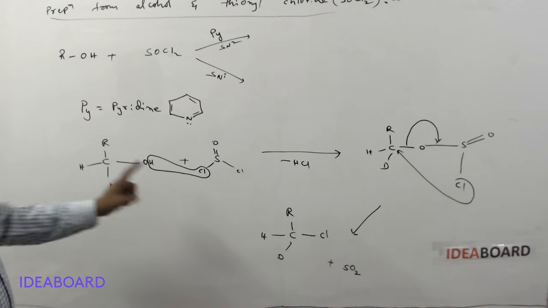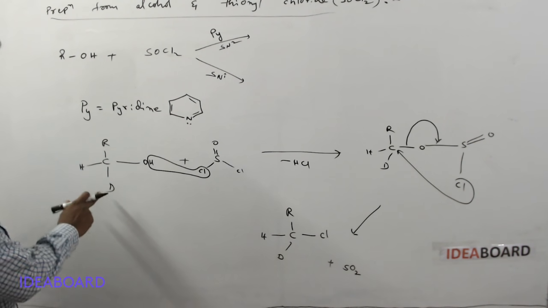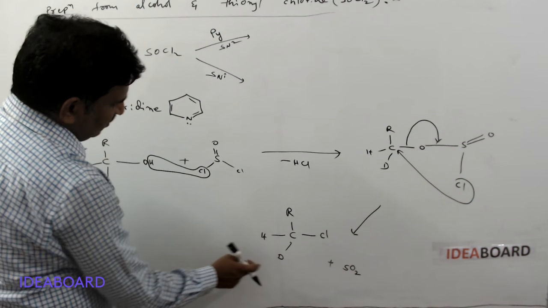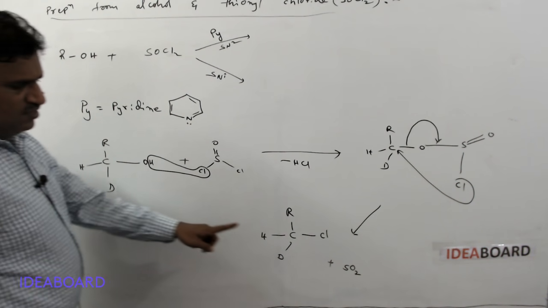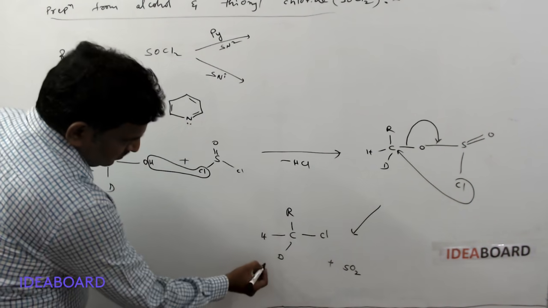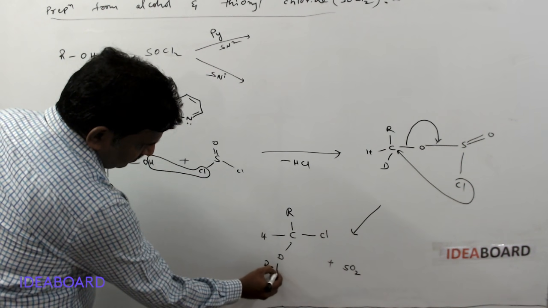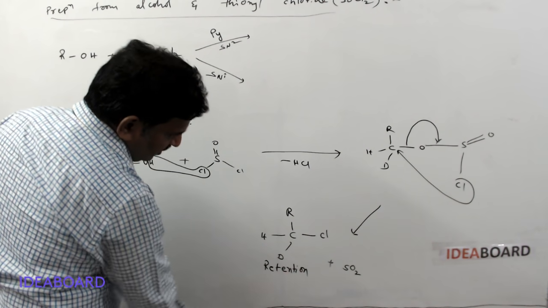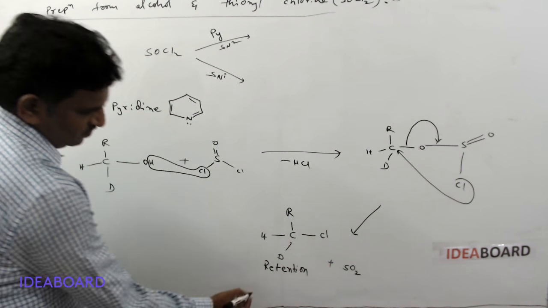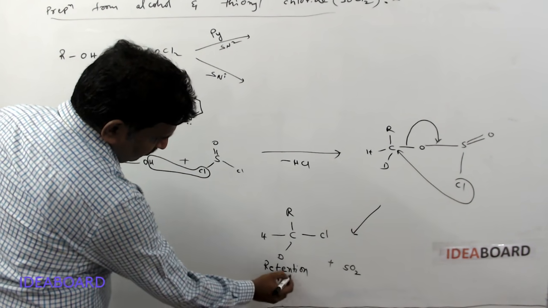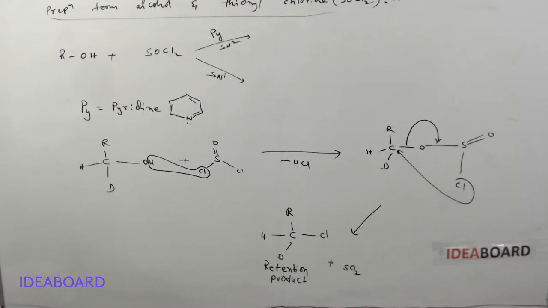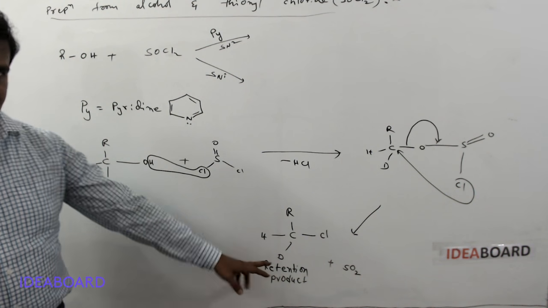So what is the final product? Here is the same configuration containing R, H, D. The OH was on the right side, and the Cl is now on the right side. This configuration is called retention configuration, and a retention product is formed. It means the product configuration and the reactant configuration are the same.